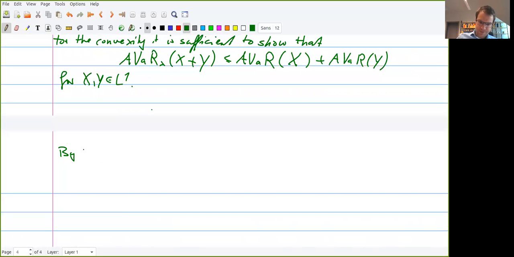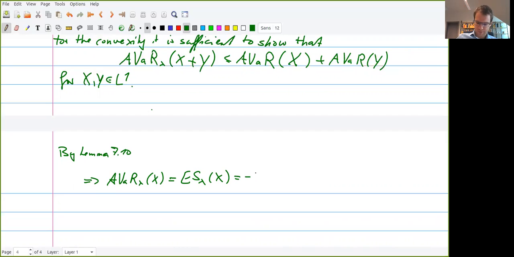Our last lemma: what do we know? We know that the average value at risk at level lambda of x is equal to the expected shortfall, and this is just the definition here of the expected shortfall.